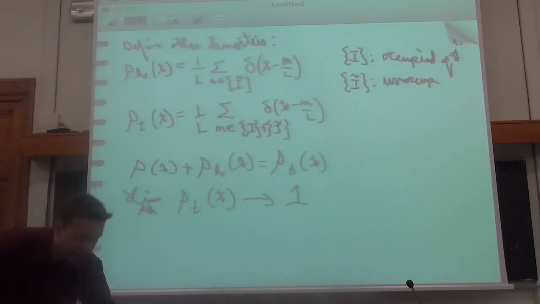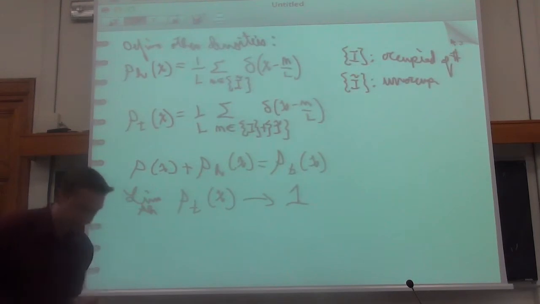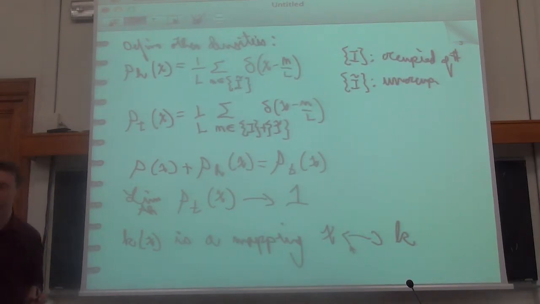So k of x is a mapping between the spaces for x and k. Let me just write it like this, with an abuse of notation. It's a mapping between the two spaces.